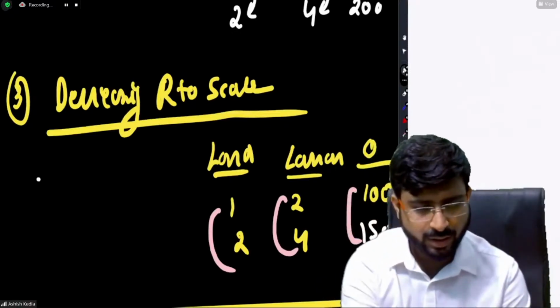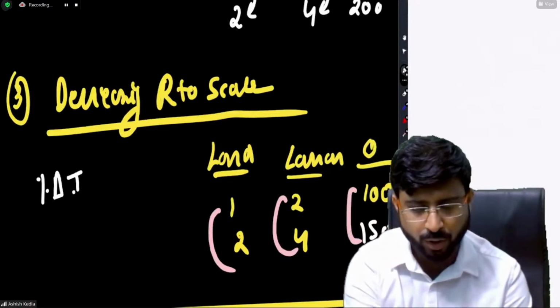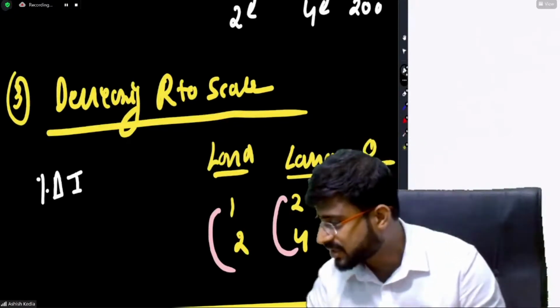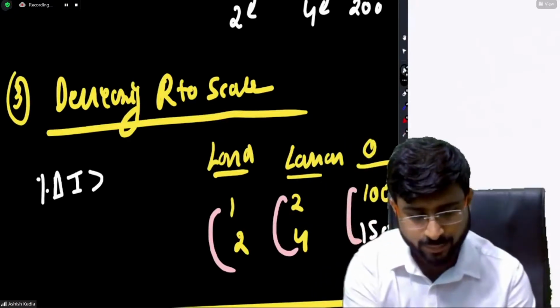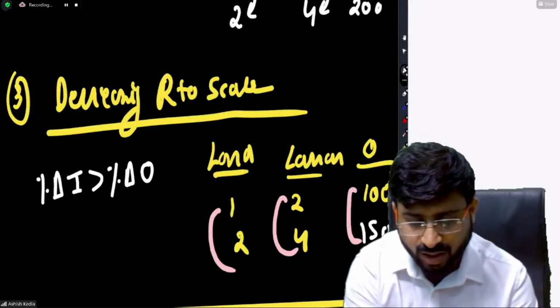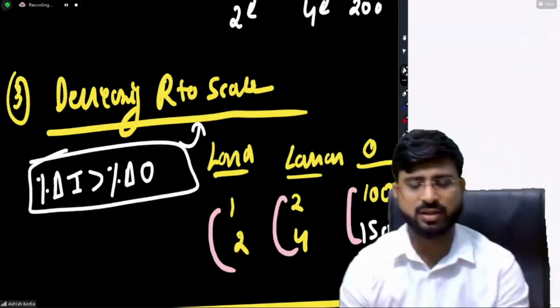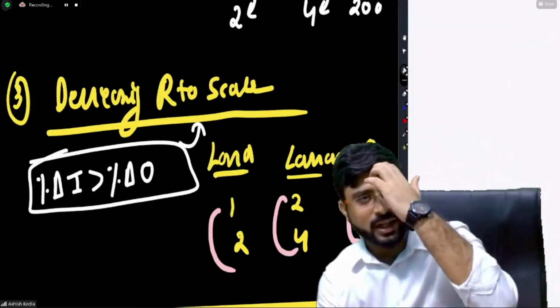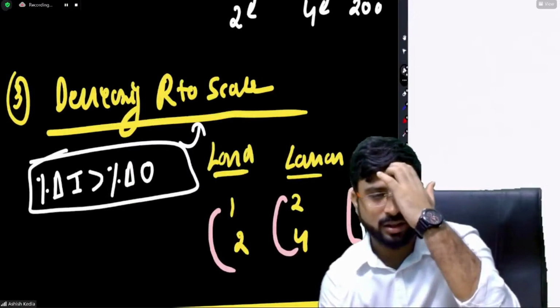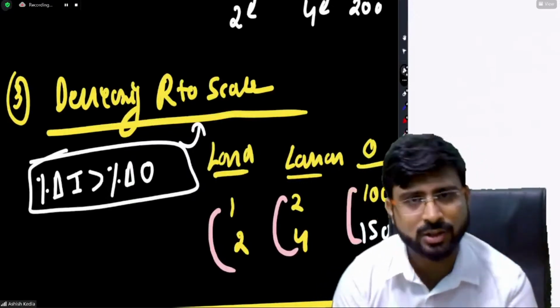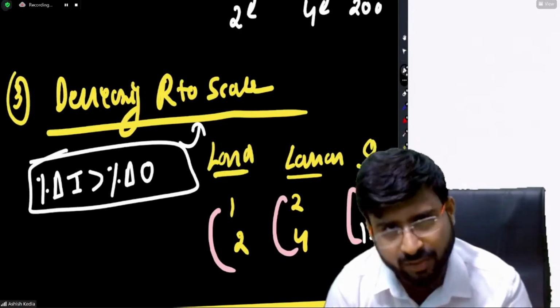So, if percentage change in input is greater than percentage change in output, friends, that is when we call it decreasing returns to scale. I hope everything is clear so far.